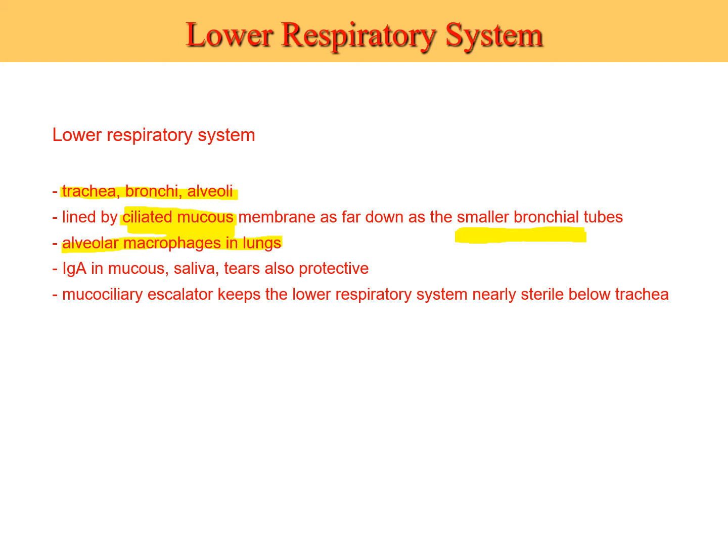The IgA in the mucus, saliva, and tears are the class of antibodies that are most protective if they're specific for the organisms. And the cilia are involved in the mucociliary escalator system, which constantly beats the cilia upwards and helps to clear and keep the trachea and the large bronchi clear of accumulated material and dust and bacteria.